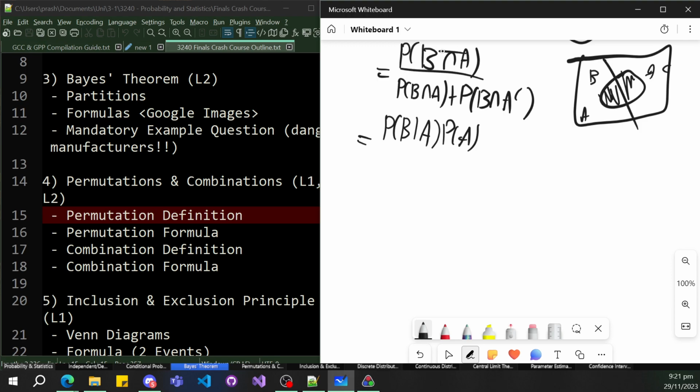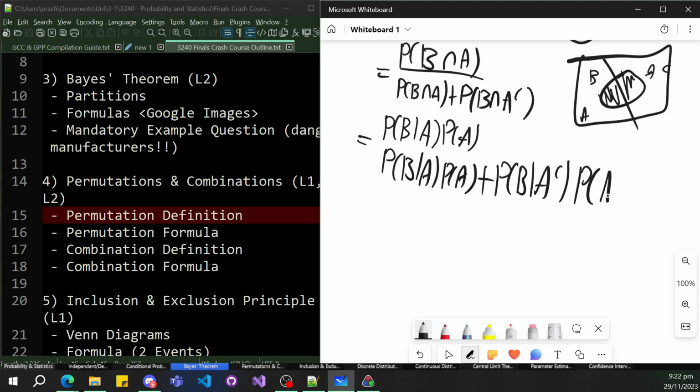And you realize that the numerator has this part here, and the denominator also has this part. So that's the same thing here: P(B given A) P(A), plus, because we've got a plus over here, P(B given A complement) P(A complement).